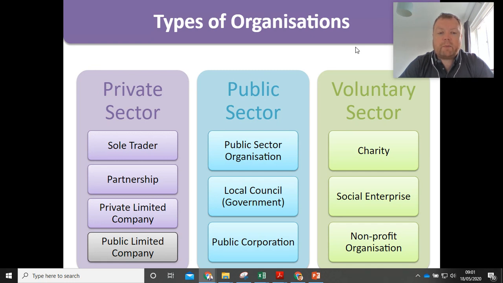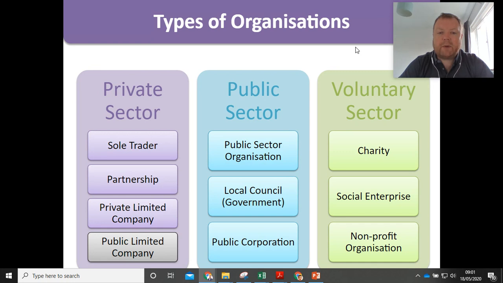So if you are a business, a private limited company, then you're selling your shares to your family and friends, and you're inviting people that you know to buy a little part of your business. If you are a public limited company, then you are inviting anybody in the world to buy your shares. And that's the difference between the private and the public.